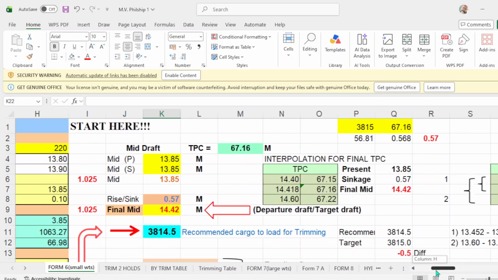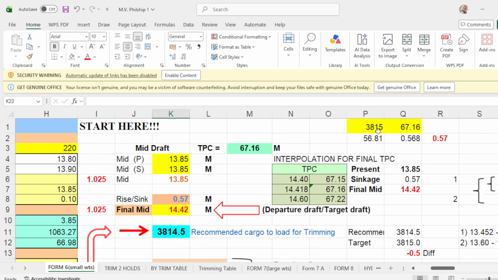So you put 3815 here, and the TPC of your final draft is 67.16. So 3815 divided by 67.16 will be 56.81. Divide this by 100, that will be 0.568, rounded up to 0.57.